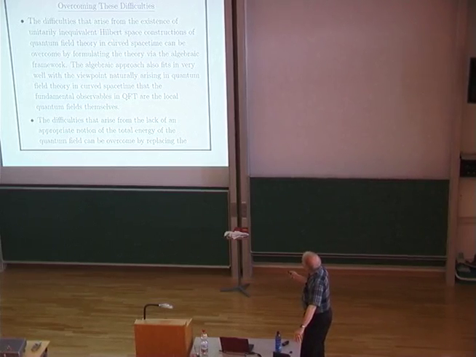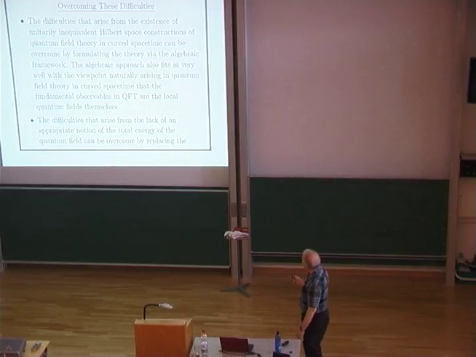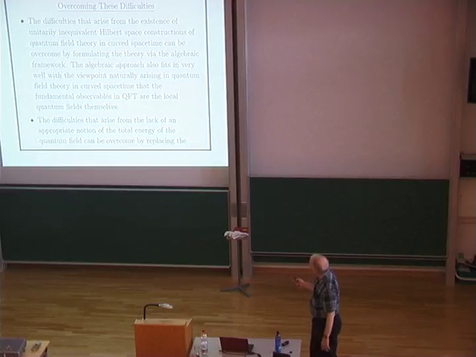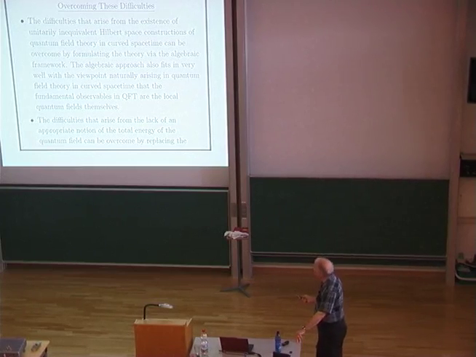One of the difficulties, the one with the word Hilbert space and the fact that there are these unitarily inequivalent constructions, is very nicely and simply overcome, as I've already indicated, by simply taking the algebraic approach to formulate the theory: stating what the algebra of observables is, rather than stating what the Hilbert space is and what operators on the Hilbert space are, what action they have.